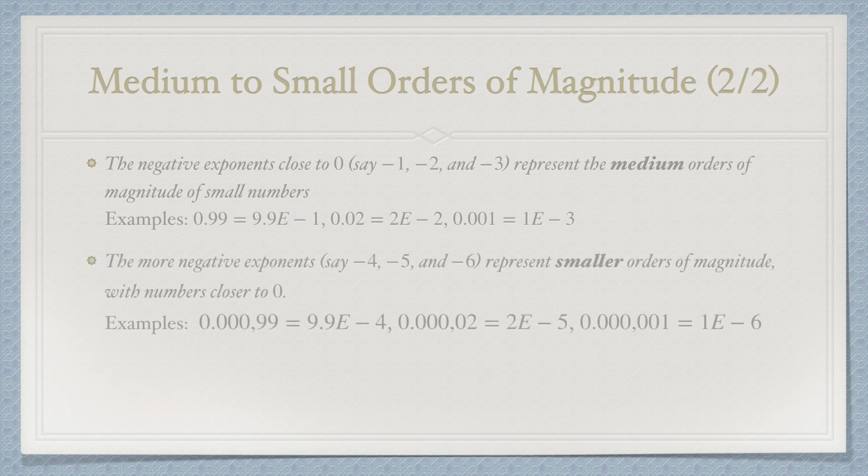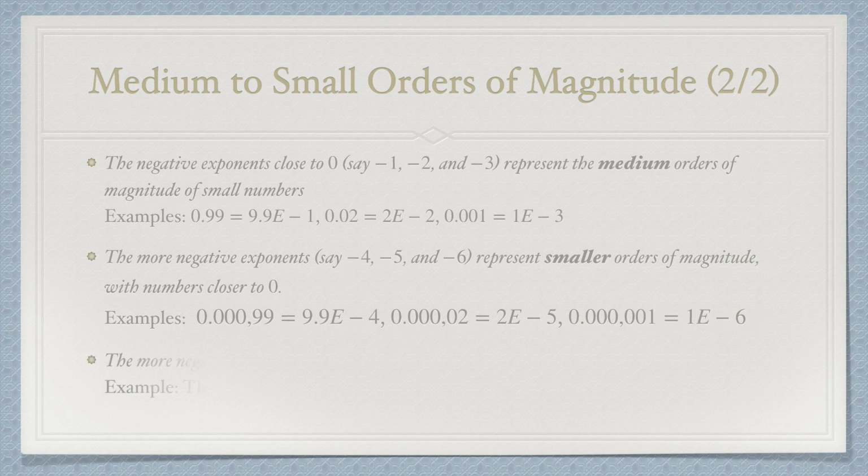The more negative exponents, say minus 4, minus 5, and minus 6, represent smaller orders of magnitude with number closer to 0. For instance, 0.00099 is 9.9 e minus 4, 0.00002 is with the power minus 5, and 0.000001 is 1 e minus 6.